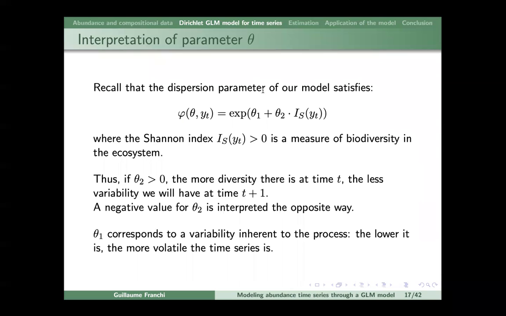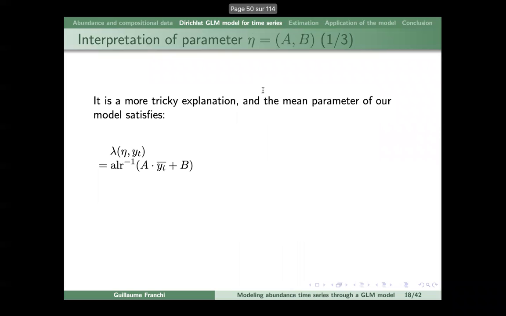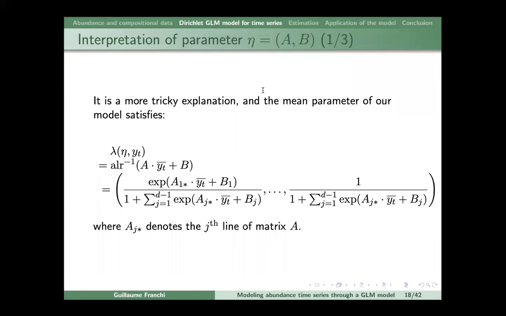I will pass on theta1, just a variability inherent to the process. It's not very important. I will focus on the interpretation of parameter eta instead, because it is more difficult to interpret, but still it gives good insight. I must take a look at the mean lambda, which is given by the inverse of the additive log ratio, and also by this formula. It's quite long and ugly.